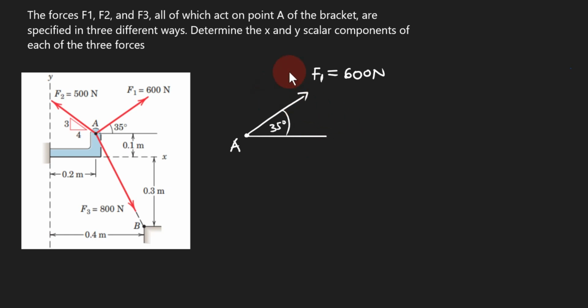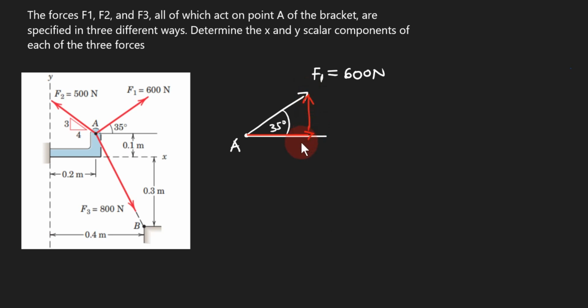So all we have to do is to find the x and y component of this force F1. The x and y components of this force will be these forces that I have drawn here.